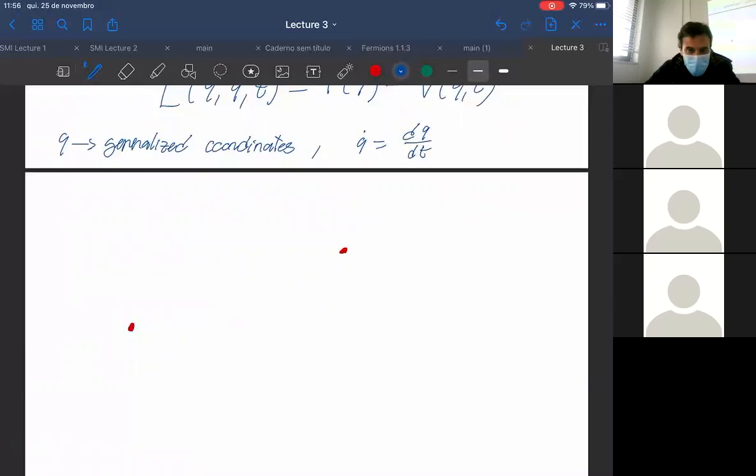So we have this coordinate q1 at time t1, and the system evolves to a second point whose coordinate is q2, at time t2.